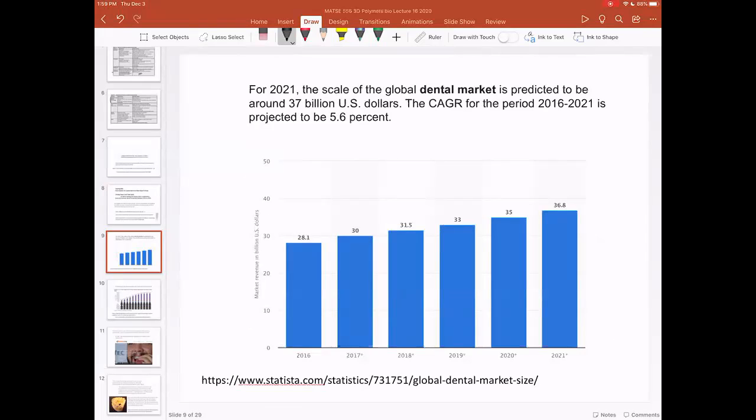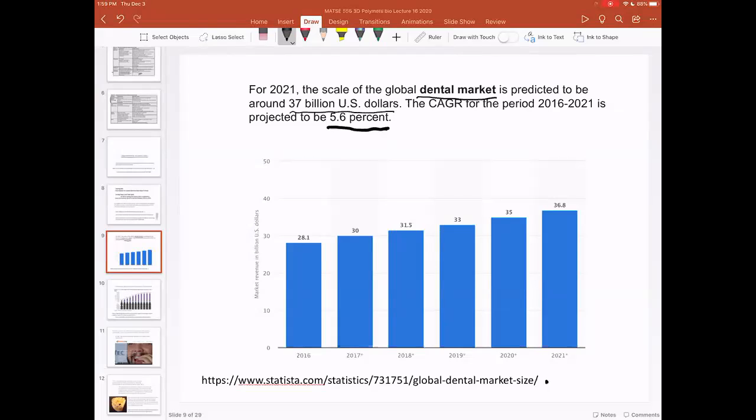So the dental market is big. The entire dental market is predicted to be $37 billion. So tens of billions is not small. And the compound annual growth rate is predicted to be north of 5%. Again, when this website was made, they didn't know about the global pandemic in 2020, so who knows what it's going to be.